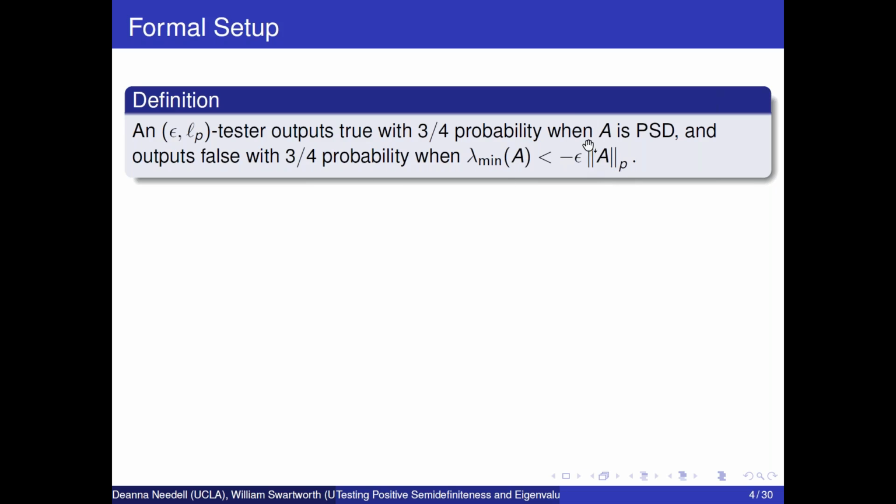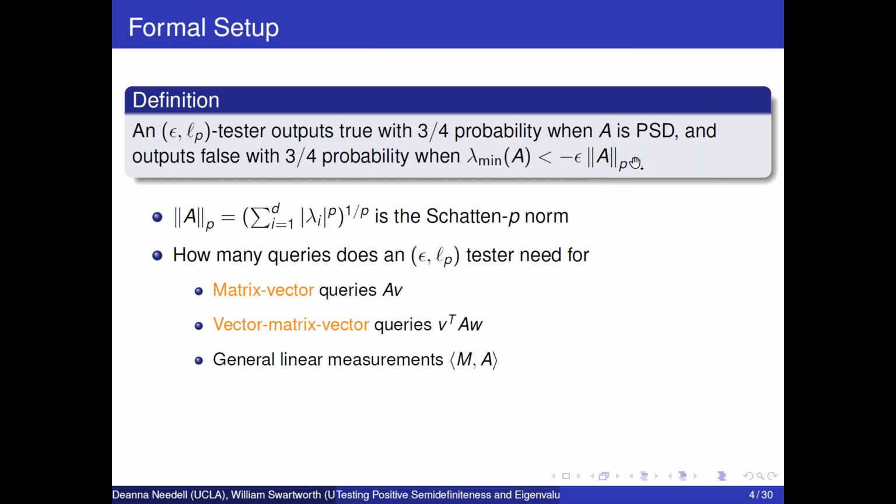I didn't just put minus epsilon on the right-hand side. I put minus epsilon times a norm of A, because then if I scale A by any constant, both the left and right-hand sides get scaled by the same amount, so this condition still holds. So it's a scale invariant problem. Now what do I mean by the norm p on the right-hand side? This is called the Schatten p norm, and it's just the vector p norm of the eigenvalues of A.